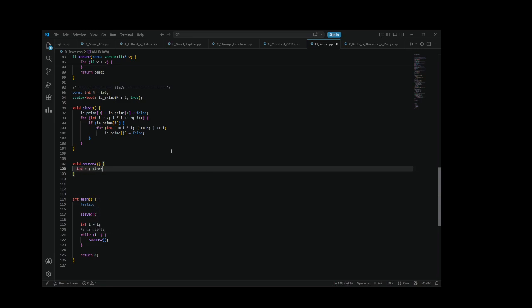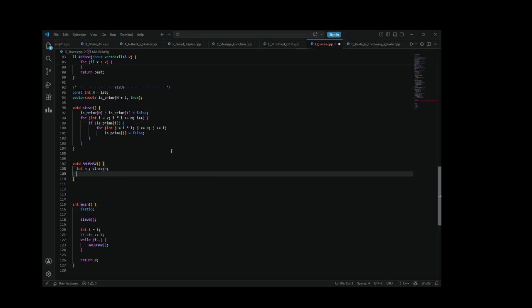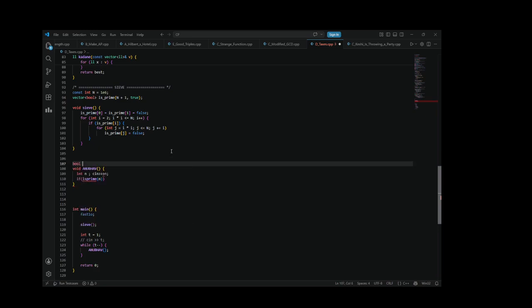So let's take the input as n, and if the number is prime, we'll be creating an isPrime function. So if the number is prime, let's create it first. Here isPrime and n.